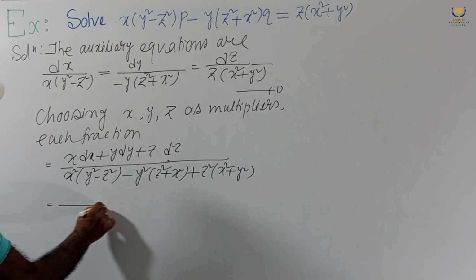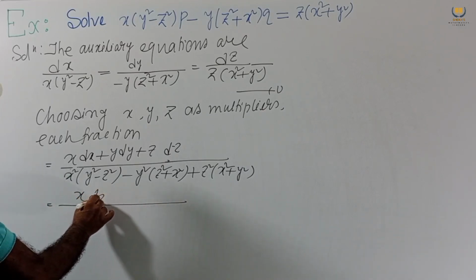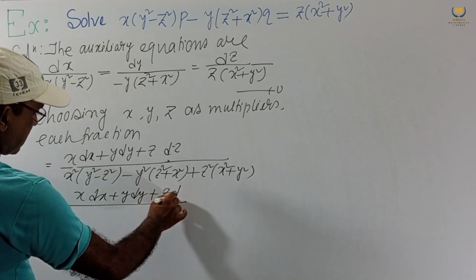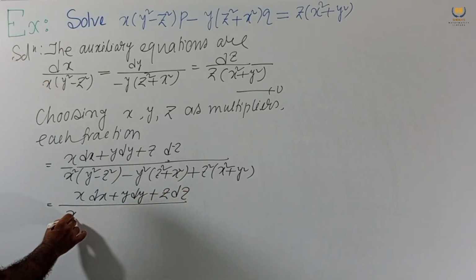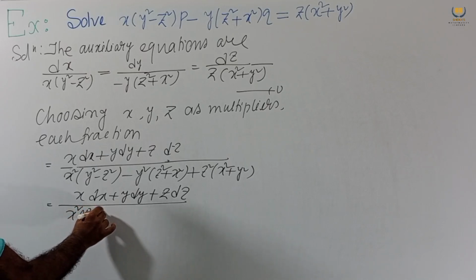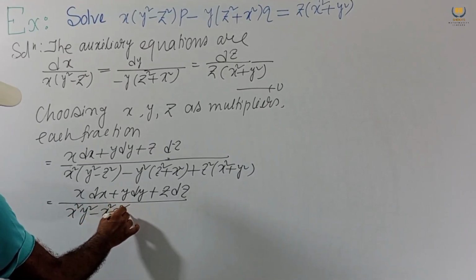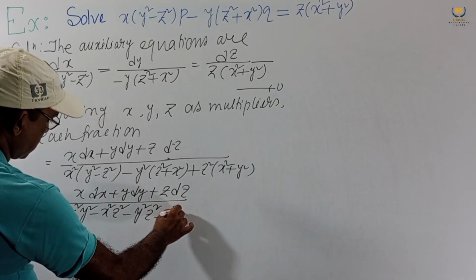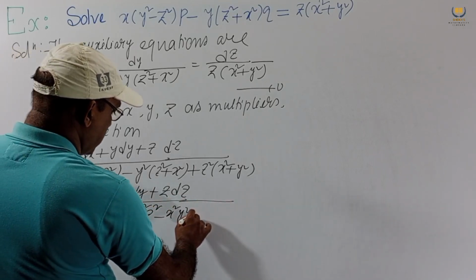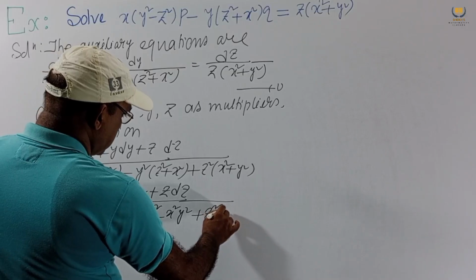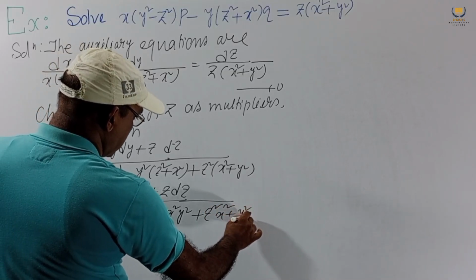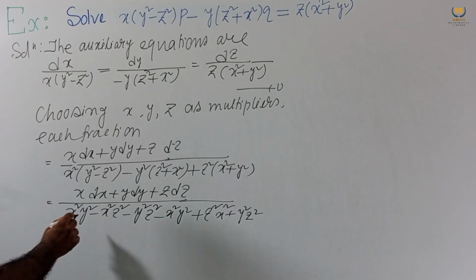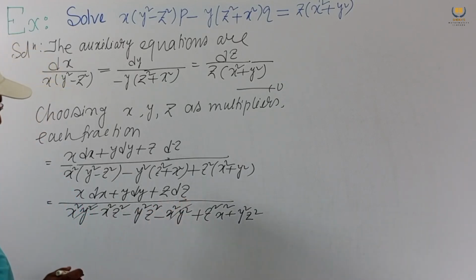Now the numerator is the same, x dx plus y dy plus z dz, divided by x square y square minus x square z square plus y square z square minus x square y square plus z square x square plus y square z square. X square y square, these two are like terms, this will be cancelled.